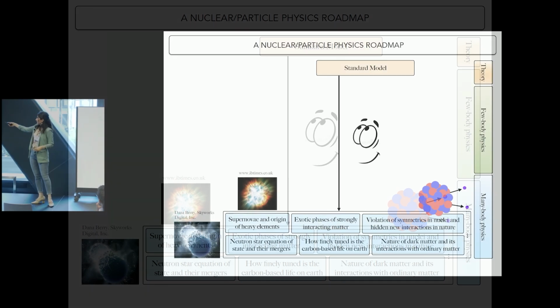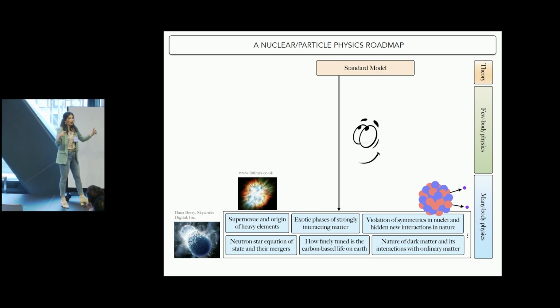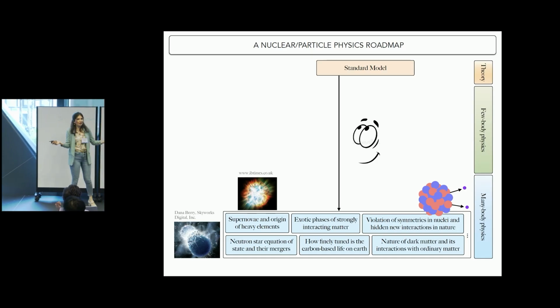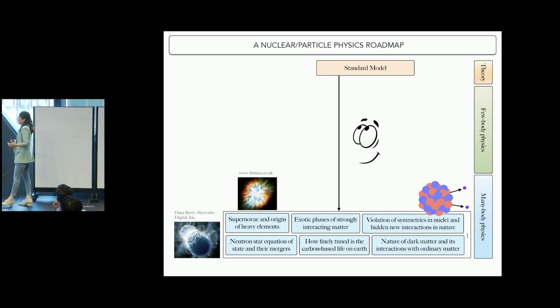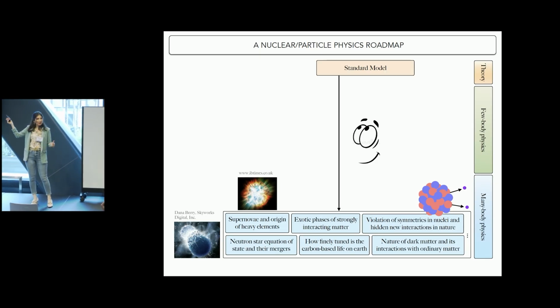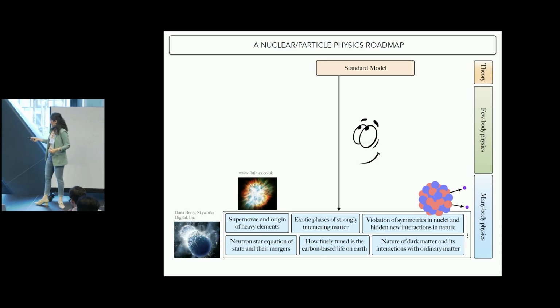But in terms of the physics that we're interested in, we're interested still in properties of large atomic nuclei, in properties of the interior of neutron stars and supernovae. So these are macroscopically larger objects that we would like to describe from the standard model. So that's even a different level of complexity, right?